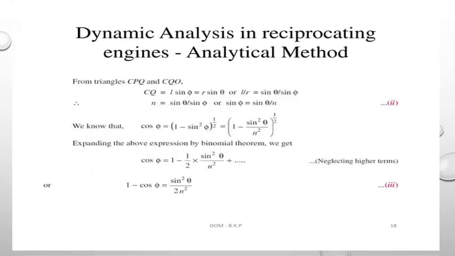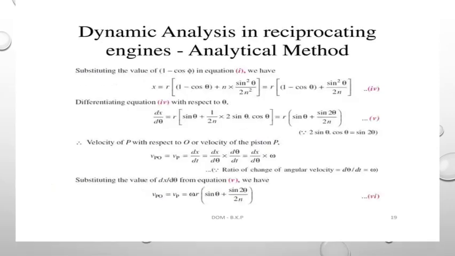So from the figure we can find that cos phi equal to the square root of 1 minus sin square phi, which is otherwise 1 minus sin square theta by n square, the whole to the power of 1 by 2. Expanding the expression with the binomial theorem, we get 1 minus sin square theta by 2n square.